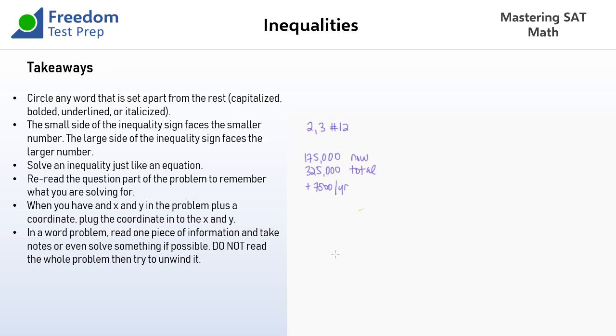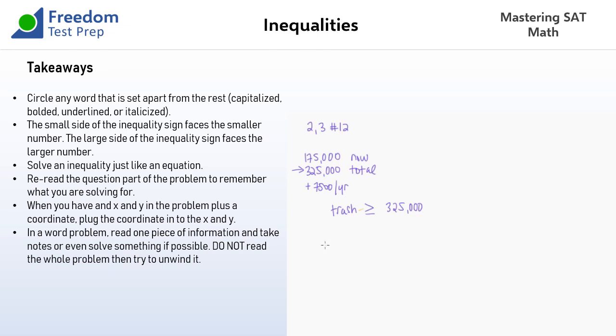So I'm interested in that, at or above capacity. We know that the capacity is 325, so I'm going to write down 325,000. And it's at or above capacity, so we're going to have something like the amount of trash is going to be greater than or equal to 325,000.